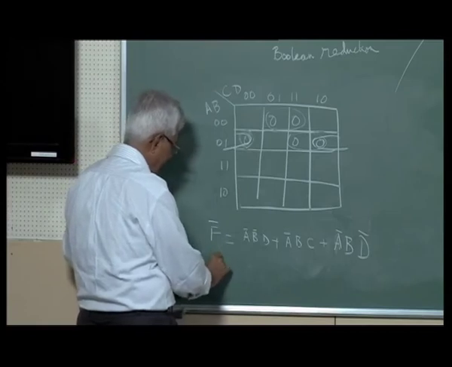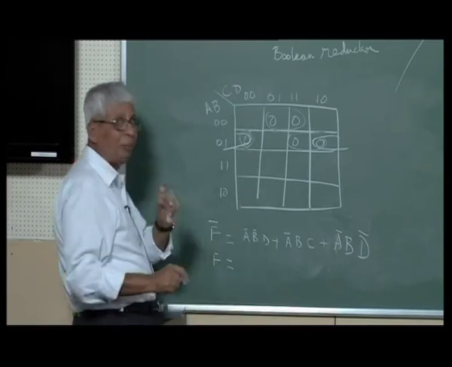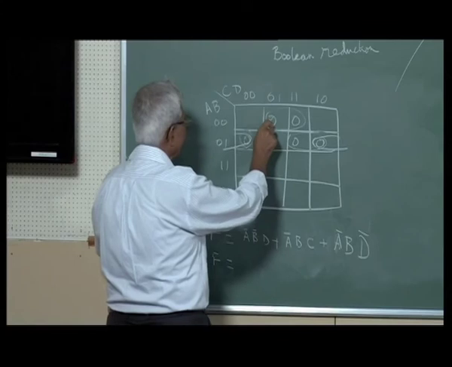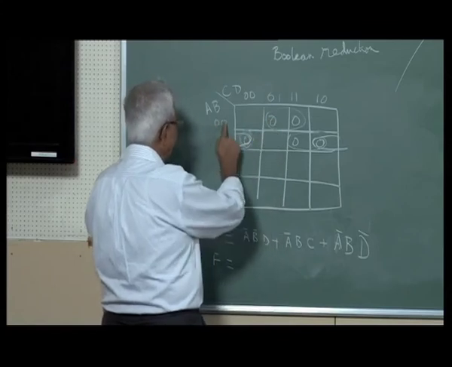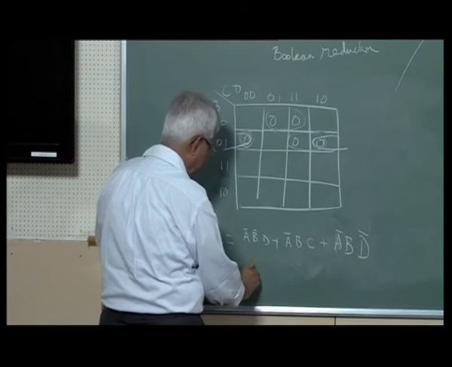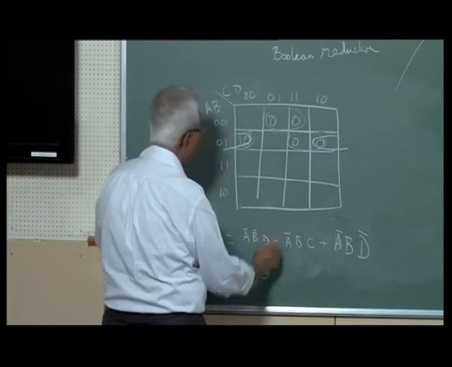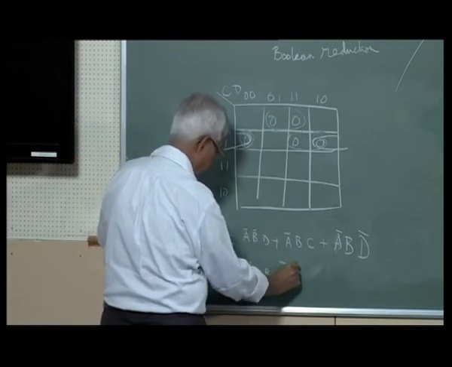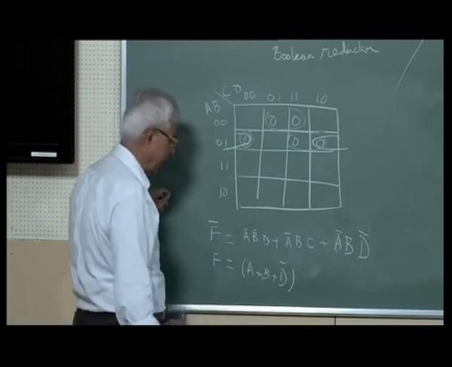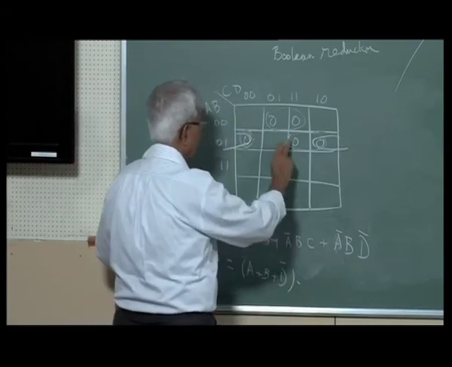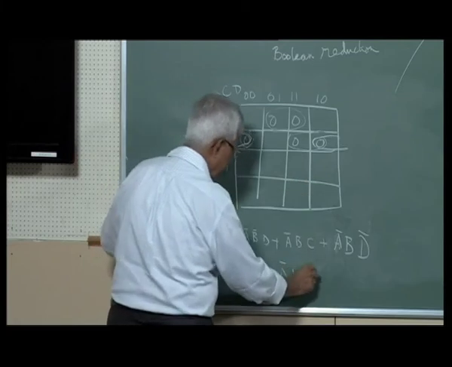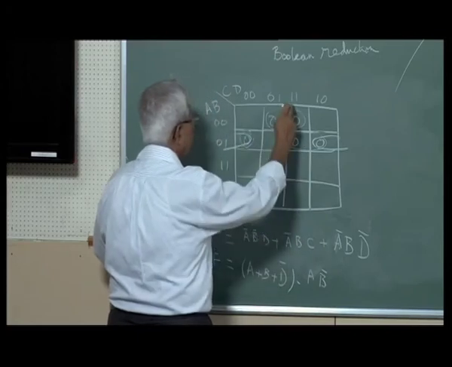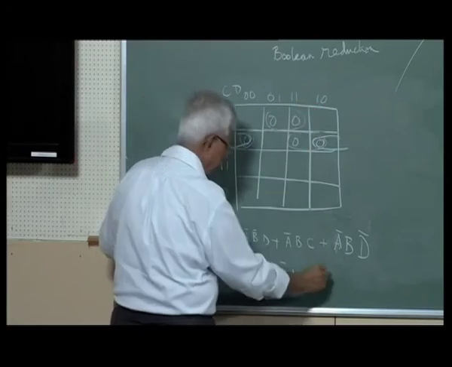F as, using max terms. Now I will use max terms. This will be A or B or D bar. And A, B bar or C bar.